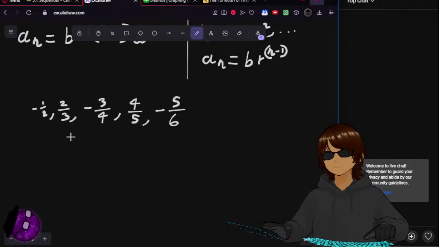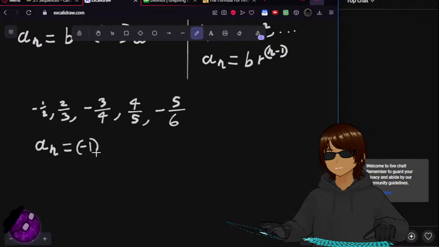So a to the power of n is... whether it's negative or positive would depend on whether n is even or odd. So when n is 1, the term would be negative. Then this is 3, 4, 5.